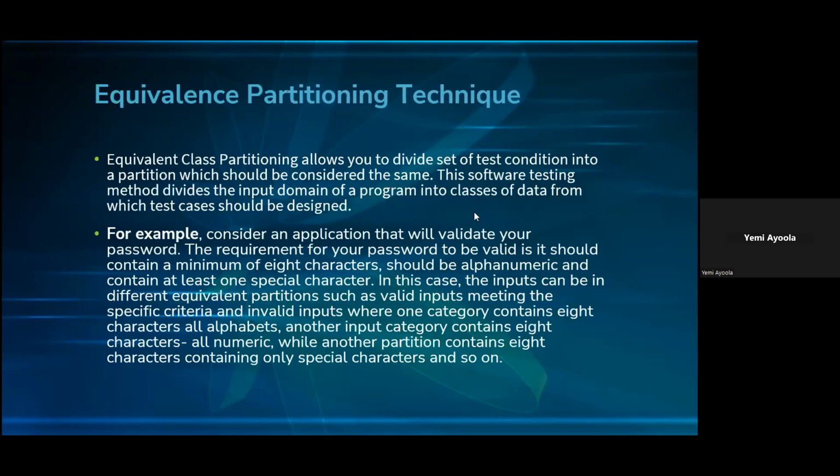So at this phase, we have put the valid scenario, the valid specified criteria, and invalid inputs. What are the invalid inputs? The invalid inputs are the ones I've given you. Olayemi with an asterisk is an invalid one. If I put only Olayemi with no special character, no number, that's an invalid input.